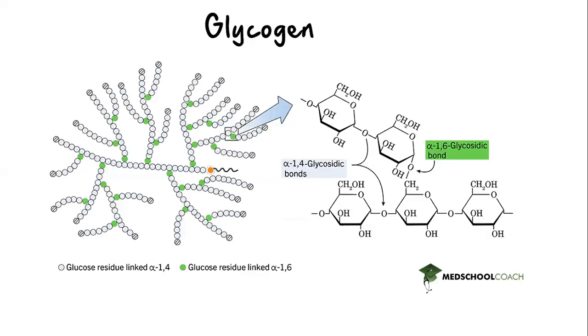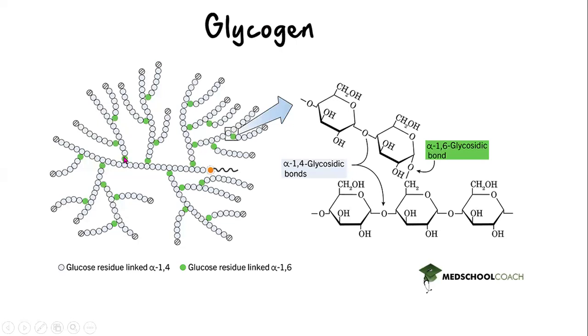So let's look at the structure of glycogen. This is glycogen. You remember we said it is highly branched, more than what is found in the amylopectin of starch. If you look at this structure, highly branched, you can see these circles. Each circle means a glucose residue linked together, right?